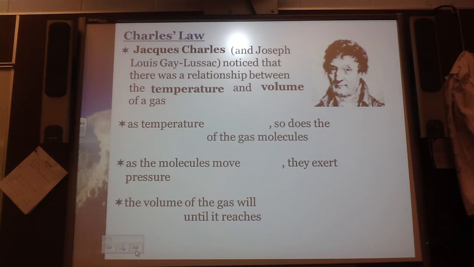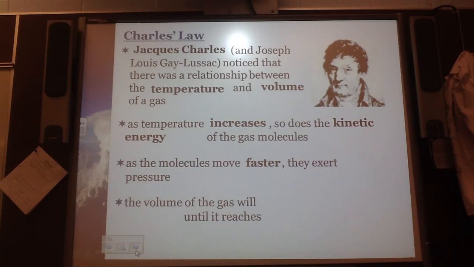As temperature increases, so does the what of gas molecules? Kinetic energy! Well, yes, volume. But when we talk about the specific molecules, the molecules don't expand, right? But the energy of the molecules will increase, okay? As the molecules move faster, they exert pressure.